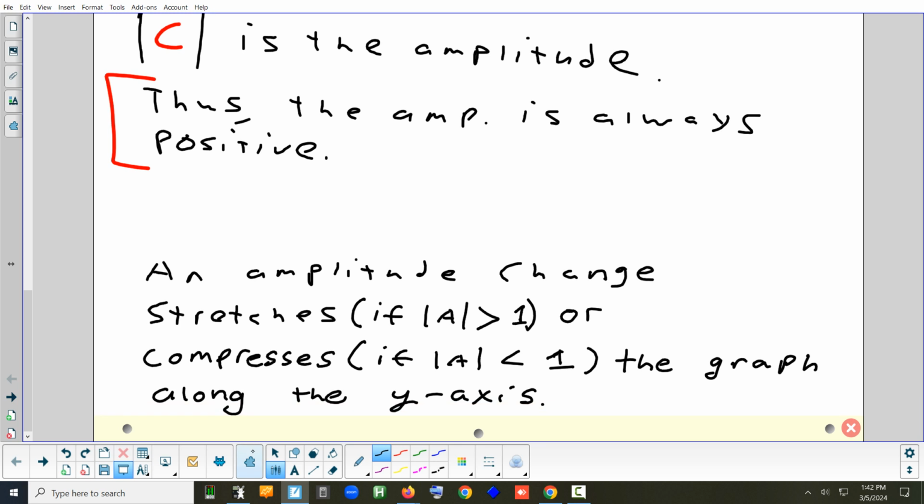If you put in a number that has an absolute value of less than 1, like 1/3, 0.5, -0.7, those all have absolute values of less than 1. It's going to compress it. Now, when I said -0.7, it actually does two things. It compresses it and it flips it. But the point is, it still compresses it.